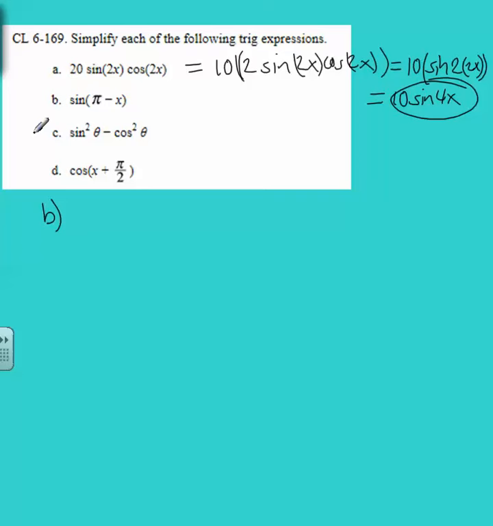B looks to me like an angle difference. So I'm referring to my angle difference formulas.